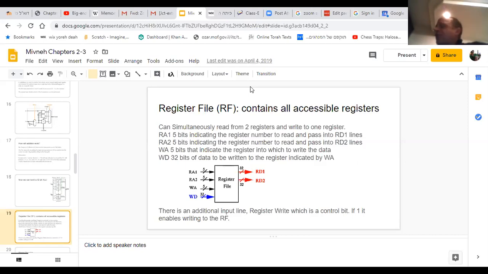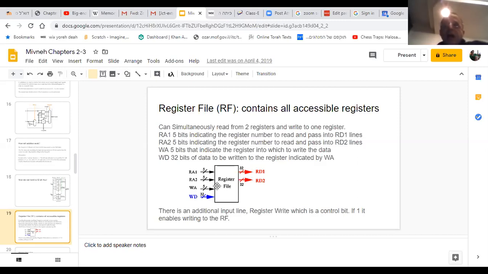I don't want to add 3 and 4 and get 7. I want to add the contents of register 3 and the contents of register 4, whatever those may be. In order to do that, I need to read two registers. So I'm going to stick in 3 on this line and 4 on this line and get out the contents of those two registers here so that my add will then work. That's what's going on here.